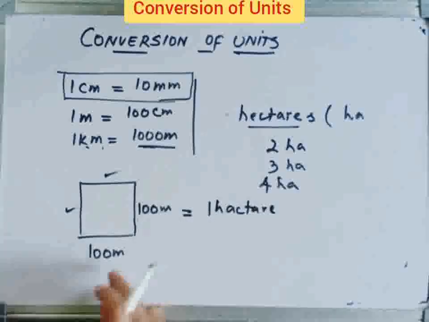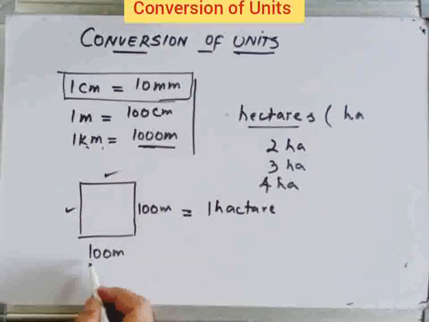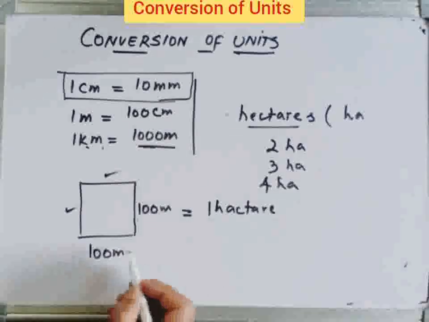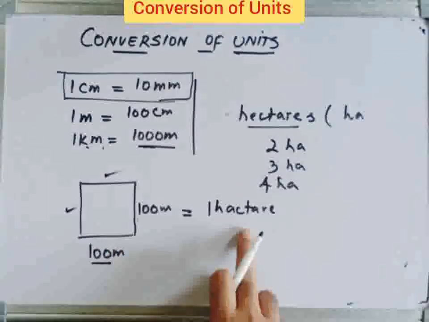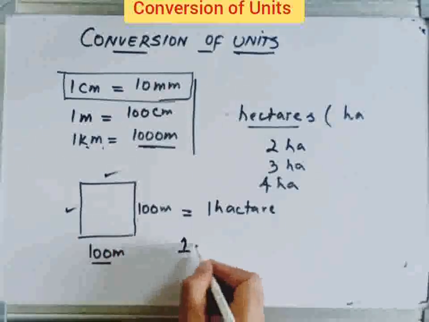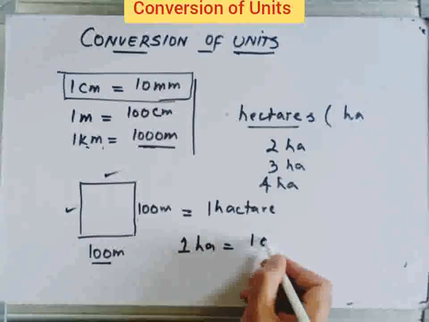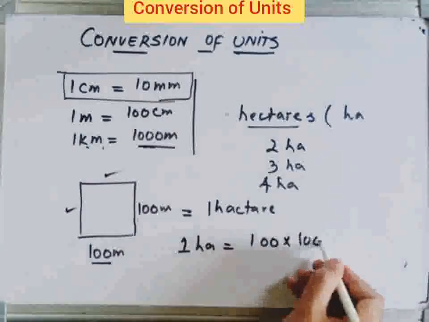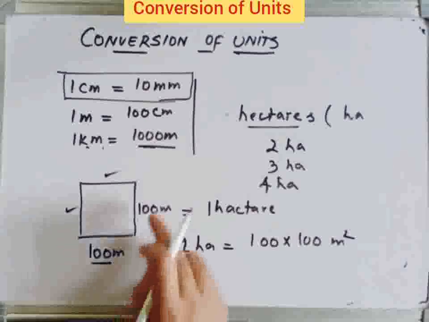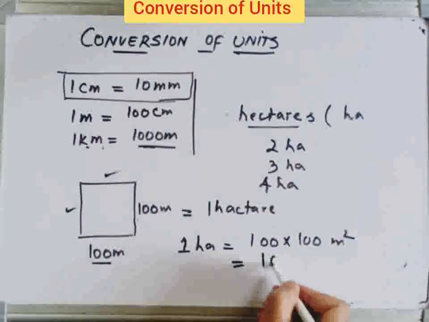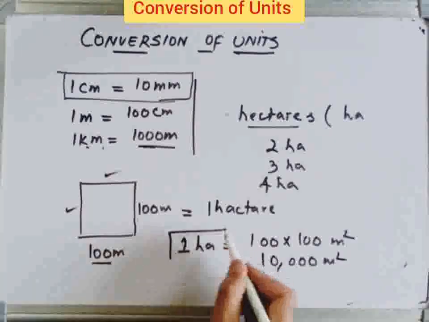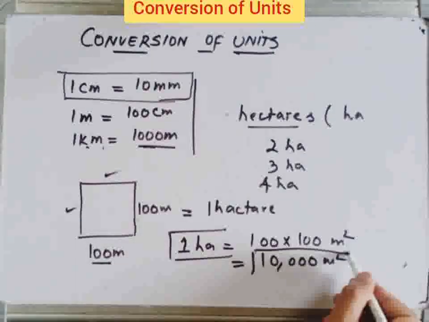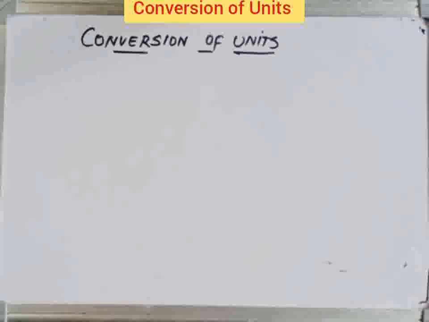So a square land of side 100 meters has an area of 1 hectare. That means 1 hectare is equal to 100 into 100 meter squares, so 10,000 meter squares. Remember that 1 hectare is equal to 10,000 meter squares.